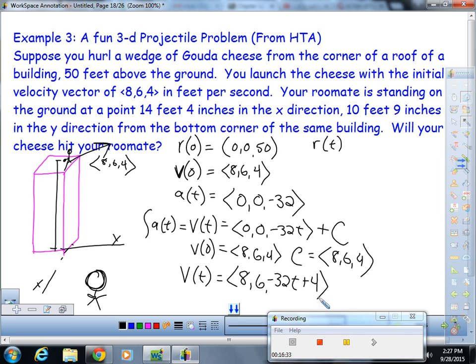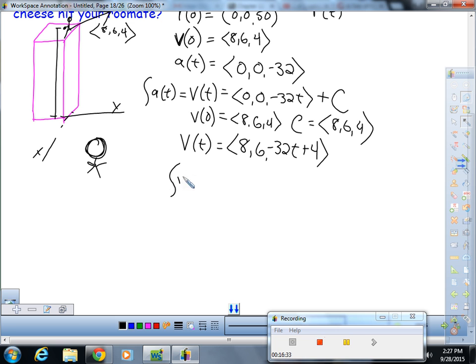Now, we want to find our R of t. So we're going to have to integrate our V of t to get our R of t. Well, that's going to be 8t, 6t, negative 32t squared over 2, so negative 16t squared plus 4t. Hopefully you followed all that. It's just integration. Okay, but again, that's a plus c.